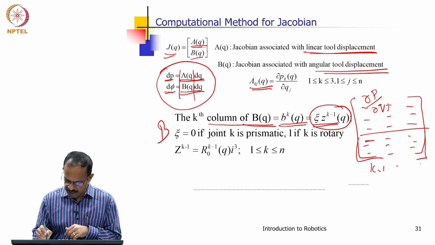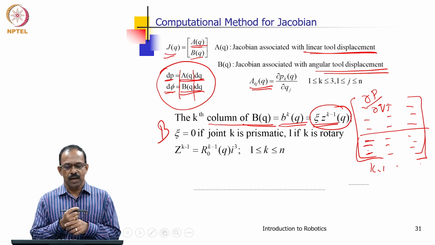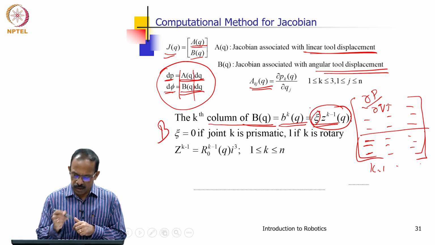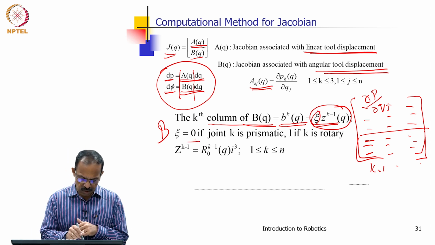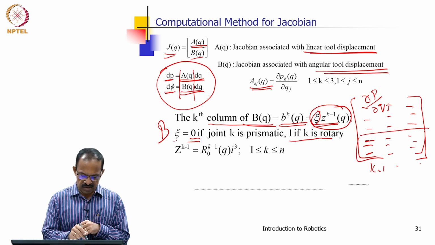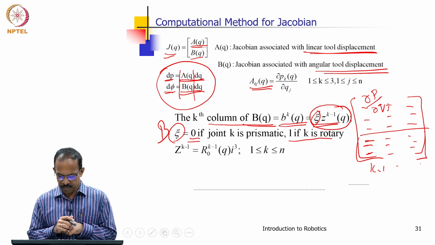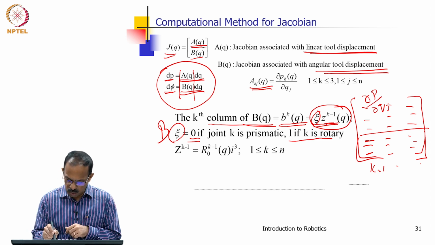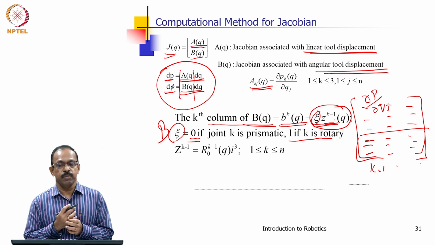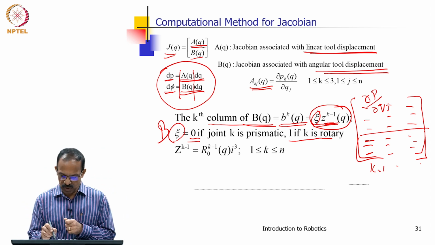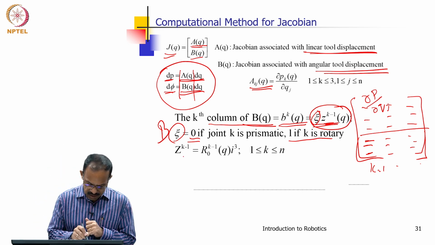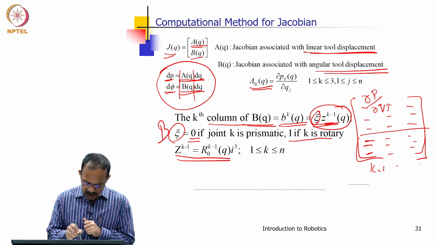This b_k is a vector, and xi is a constant: it is 0 if the joint is prismatic, 1 if it is rotary. So, that is the xi parameter here and then z_{k-1}. So, z_{k-1} is the rotational axis of the k minus 1 joint.